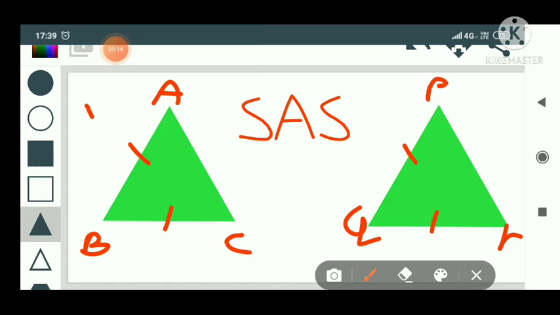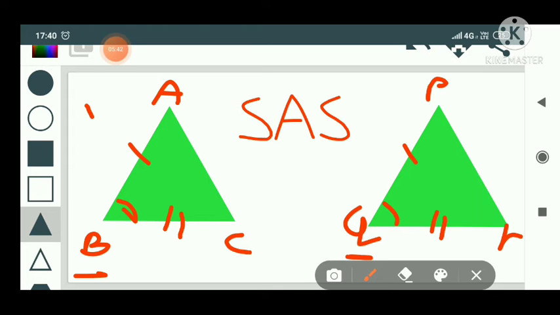That means single lines are similar. So AB and PQ I drew with one single line, so those two sides are equal, and BC is equal to QR. And the angle included means the angle should be in between the two sides. Angle B and angle Q.